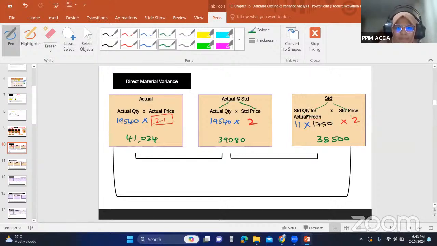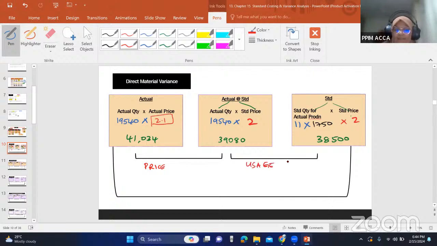Simple. Okay. Now, what you have to do now is understand that the difference between the actual box and the actual at standard box, that's the first and the second box, that gives you the price variance. And the difference between the actual at standard and the standard box, that will give you the usage variance.